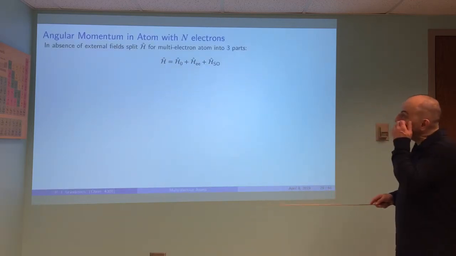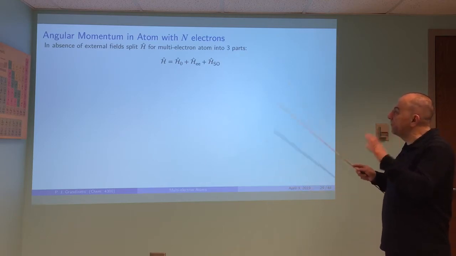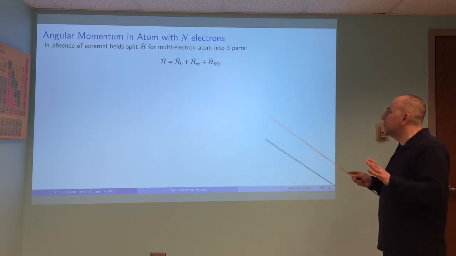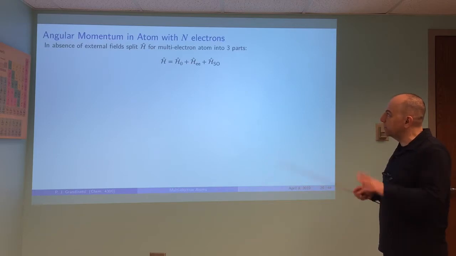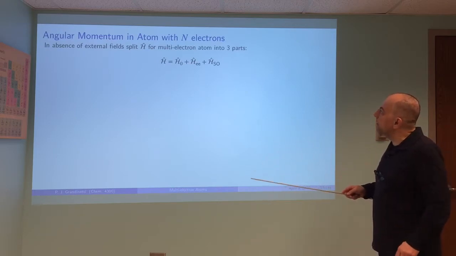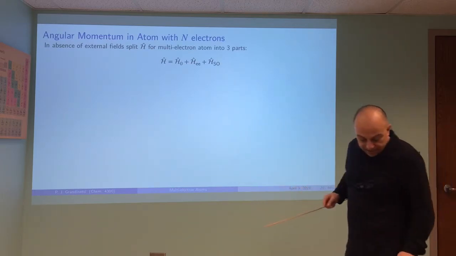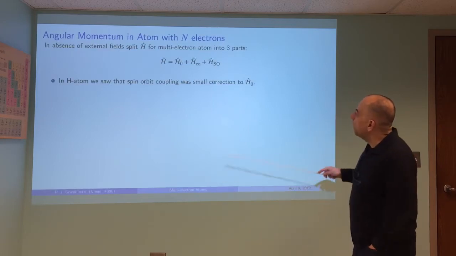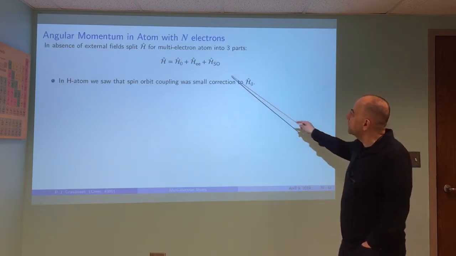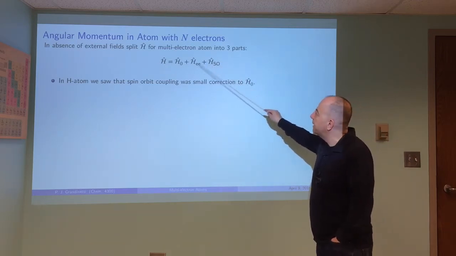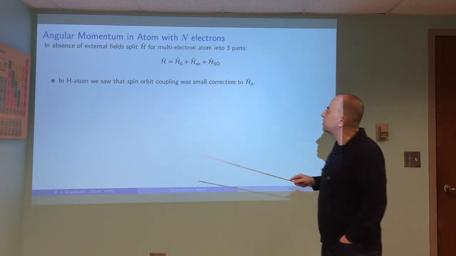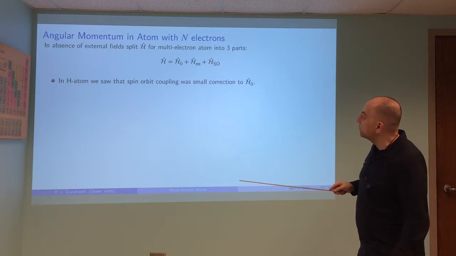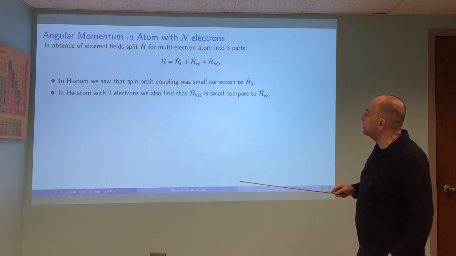Now, if you don't have any fields present, no external electric fields or external magnetic fields, then we can leave this written in terms of three terms. What we saw in the hydrogen atom case was that this term was pretty tiny compared to the H naught term, which was the hydrogen atom problem that we solved.